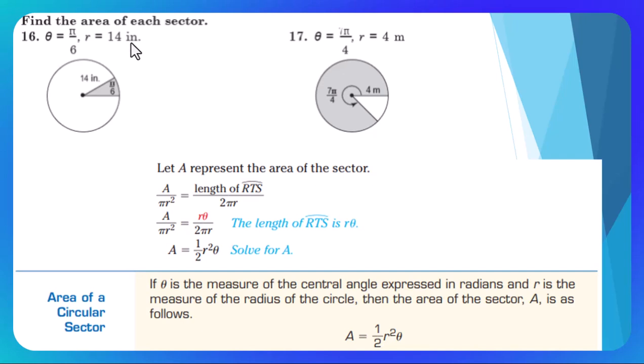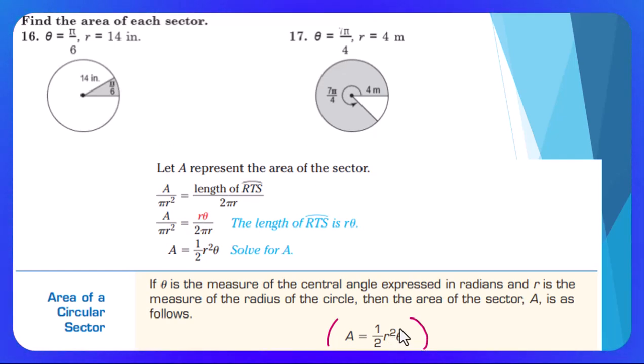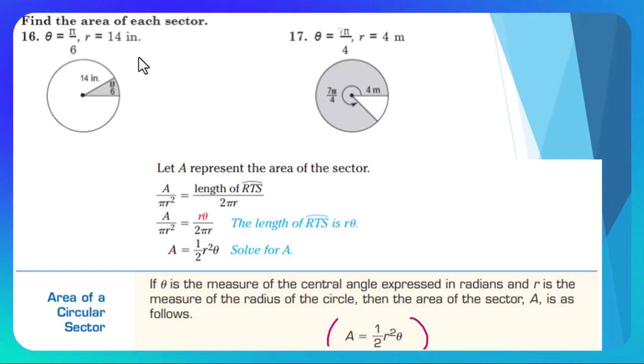We want to find the area of each sector. In your notes, we have this formula: area equals 1/2 radius squared times theta. We're going to use theta in terms of radian measure. We'll start with theta, which is pi over 6.